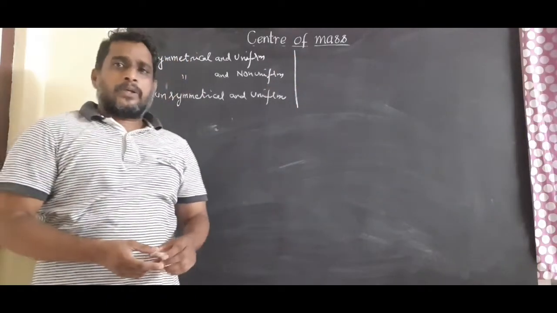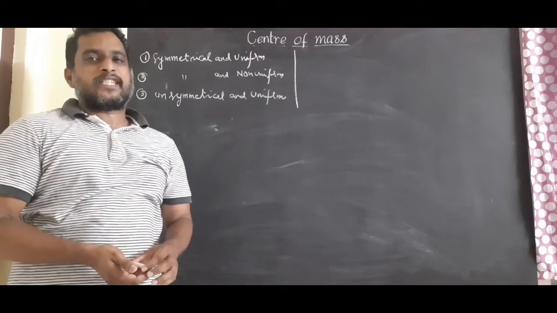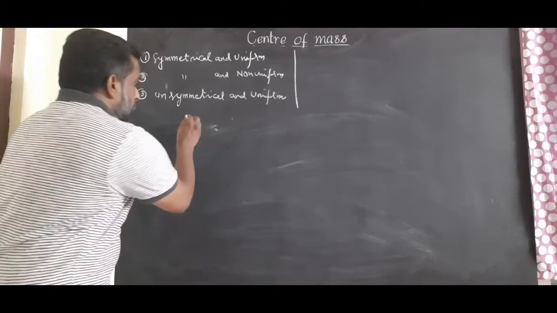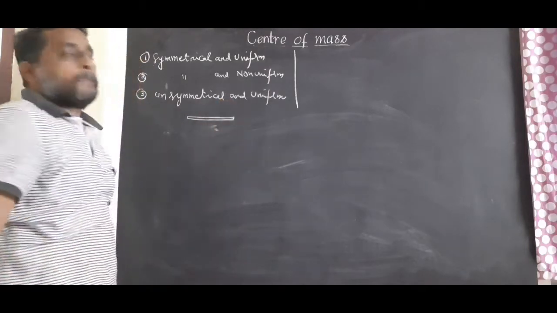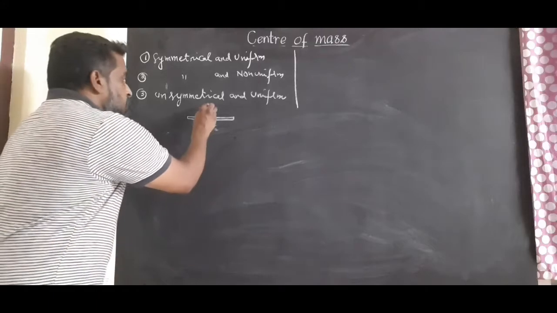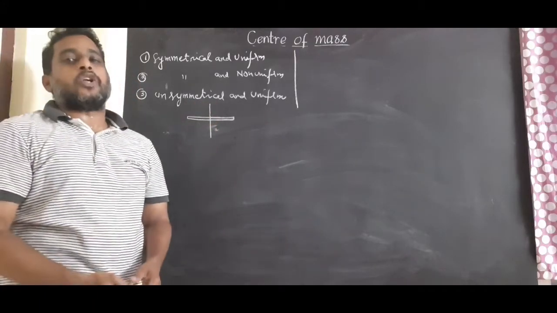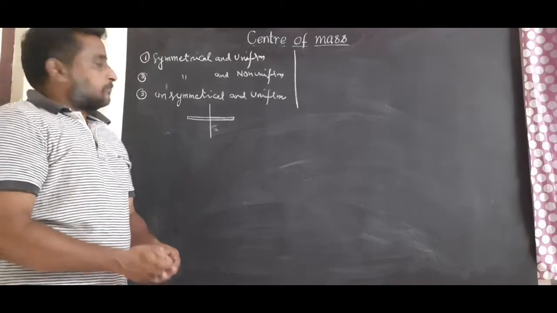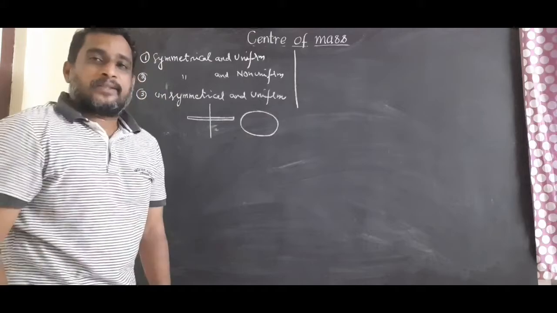I hope you know the meaning of what is meant by symmetrical. Suppose you take an example of a thin rod, this rod is symmetrical about the axis passing through the center of the rod. Suppose this is a circular ring.